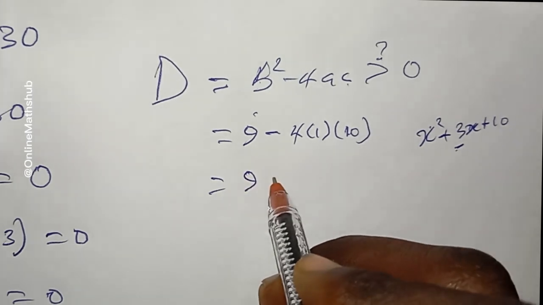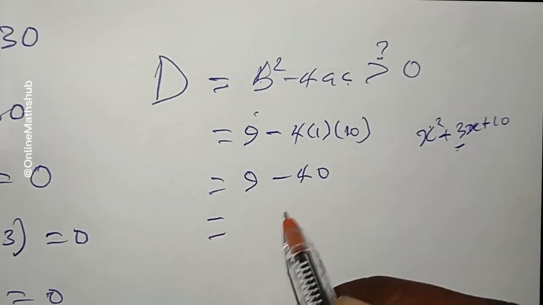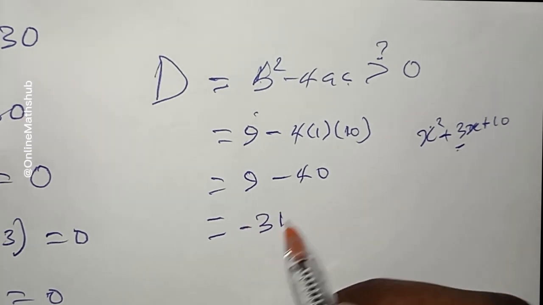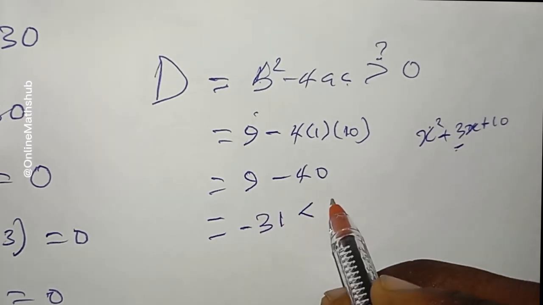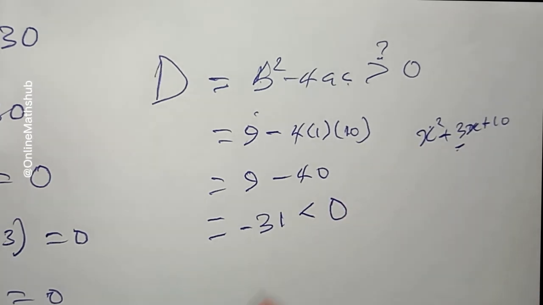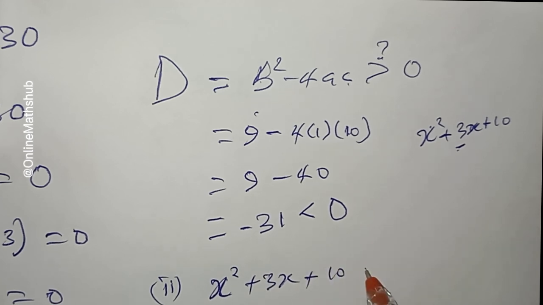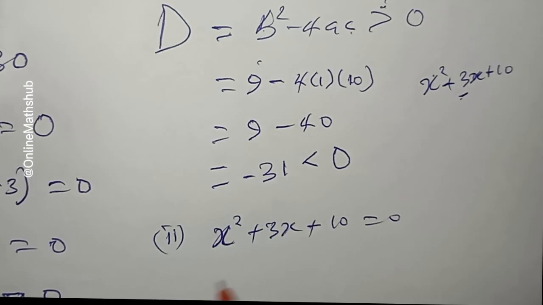So this is 9 minus 40, and that gives you minus 31. I can see that it is strictly less than 0, so we can conclude that case 2 here, which is x squared plus 3x plus 10 equal to 0, does not have any real solution.